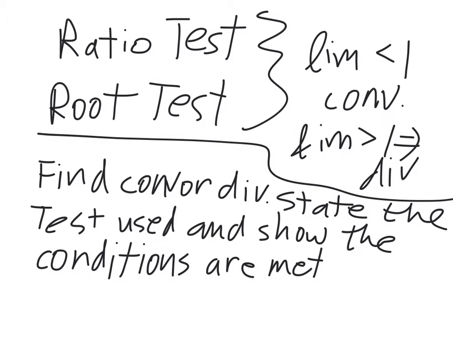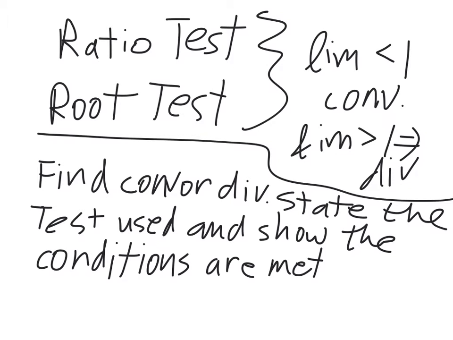But state the test you're using and then show the conditions why it converges or why it diverges. Now, the bulk of the problems will be, here's a series, does it converge or diverge?